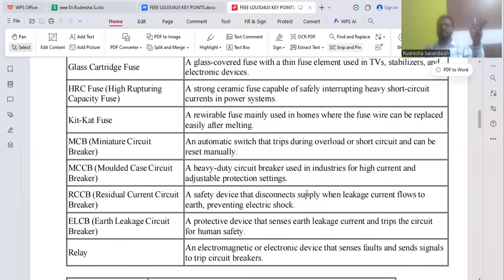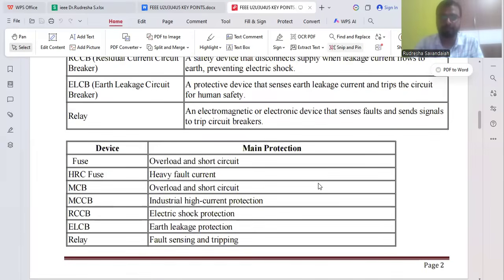ELCB, earth leakage circuit breaker, a protective device that senses earth leakage current and trips the circuit for human safety. Relay, an electromagnetic or electronic device that senses faults and sends a signal to trip a circuit breaker.